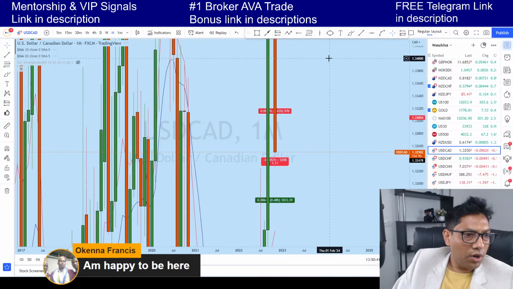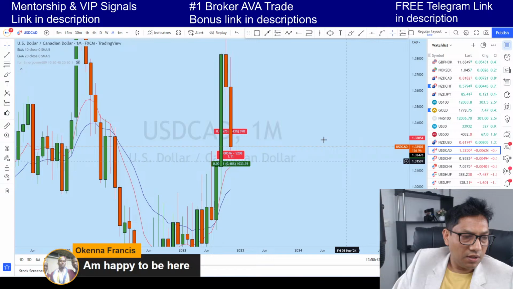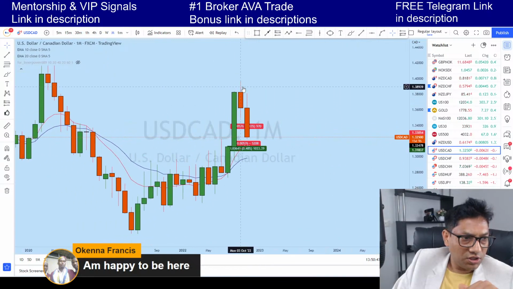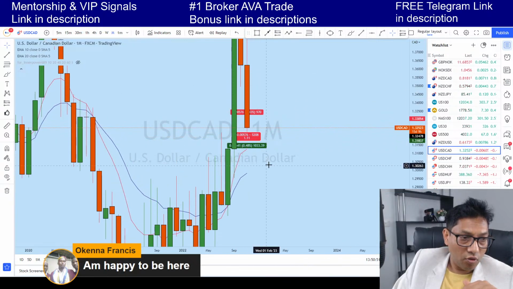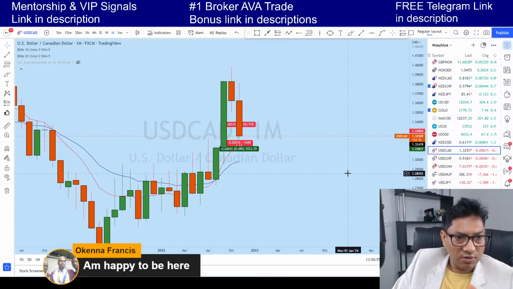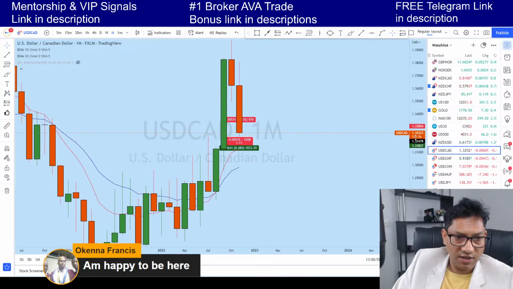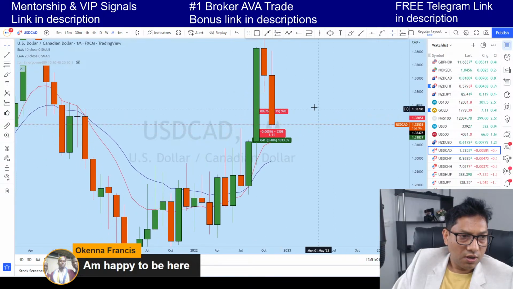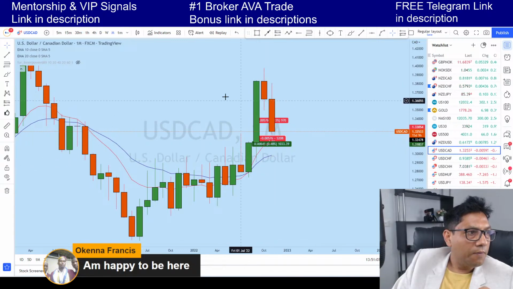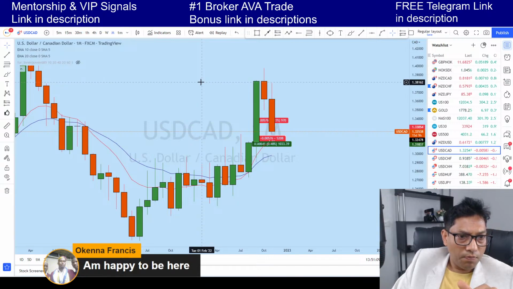Firstly, a look at the bigger picture, monthly. So this is the monthly price section on USD CAD, which is a strongly falling market, right? I'll consider all the technical aspects and also the fundamental aspects that I think are important to consider. You see that on the monthly, the price started to drop in this direction with an aggressive, very strong drop.